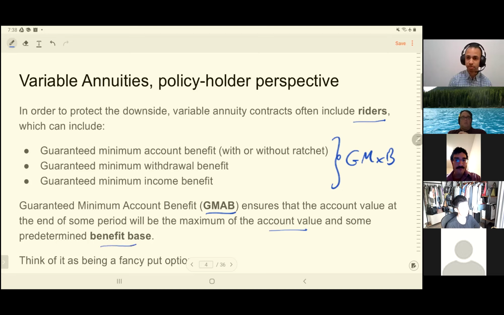The benefit base might be the amount of money that's in the account at the beginning of the contract, or it also might be the amount of money that's in the account subject to some sort of exponential growth. In particular, the way that I want you to think of this is being like a fancy put option.